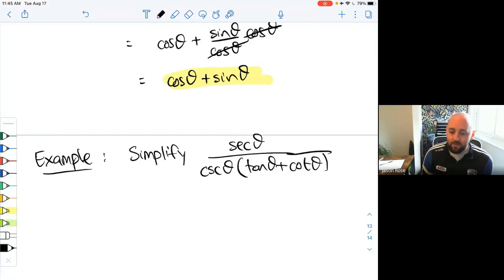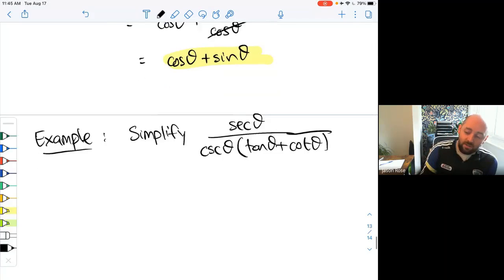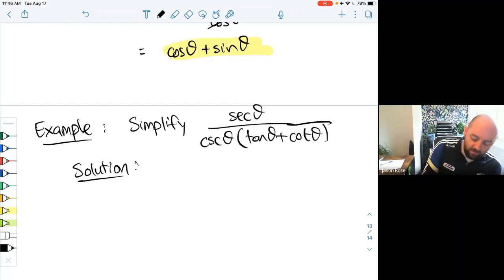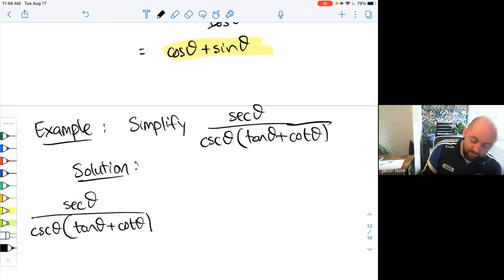We've got 4 different functions in there, so making it just be 2 different functions seems the nicest thing to me. So, okay, we have secant theta divided by cosecant theta times tan theta plus cotan theta.